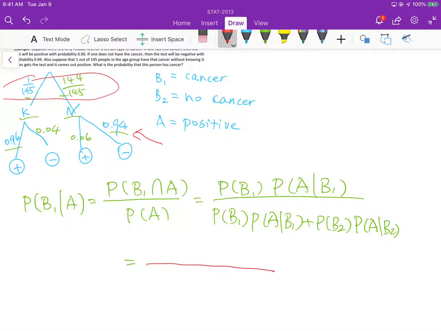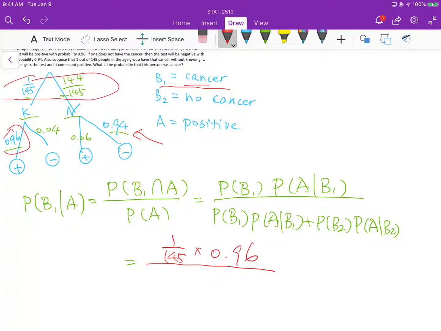Probability of B1 is cancer, right? So this is 1 over 145 times probability of A given B1, which is 0.96.